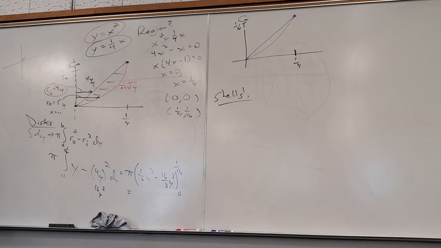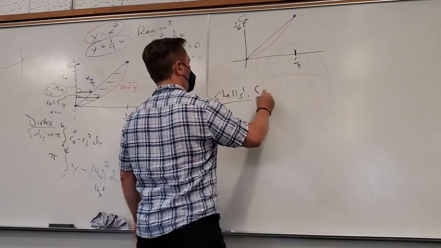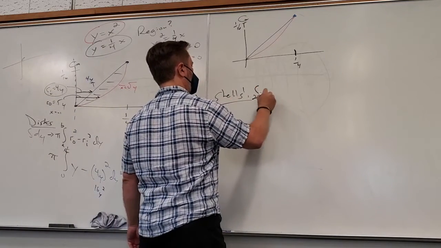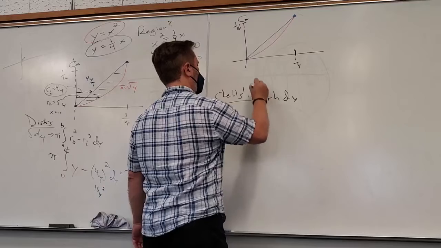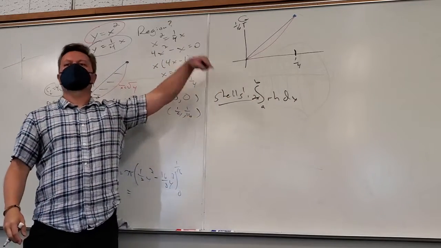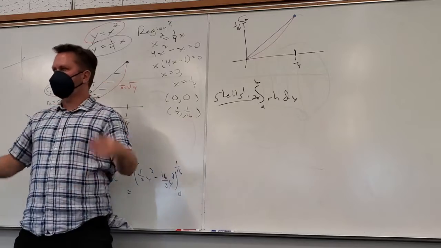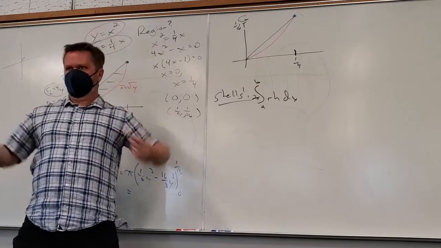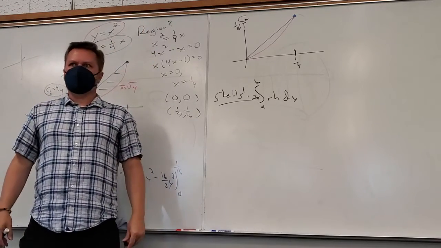So that's going to be the integral d what? Let's go ahead and fill this in with the general stuff. dx, because discs would be dy, so shells would be dx. I always just start with what discs would be. Shells is the opposite.